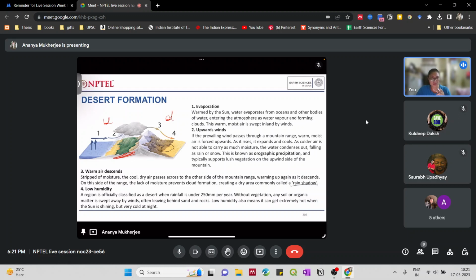You will have very hot days and very cold nights. These are some of the characteristics we see in rain shadow regions, and most of the deserts forming fall in these regions. This is one of the most common ways that deserts form on the earth.